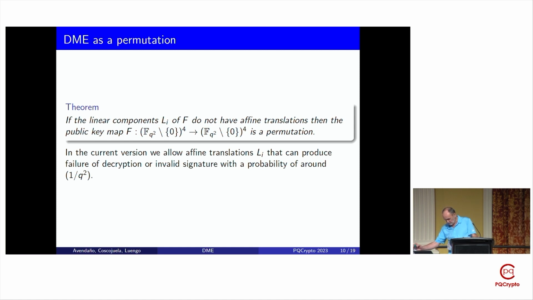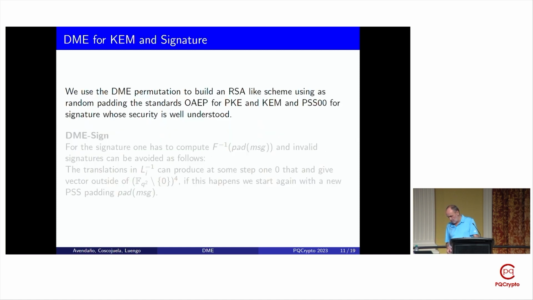But in the current version, we also use translation. That means that, for instance, for KEM, there will be decryption failure, and for signature, there will be invalid signature. But in the case of signature, it's very easy to avoid this. Then, continuing with the setting, we have a one-way permutation.